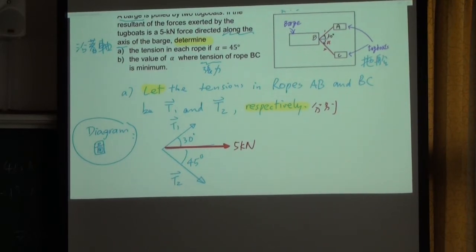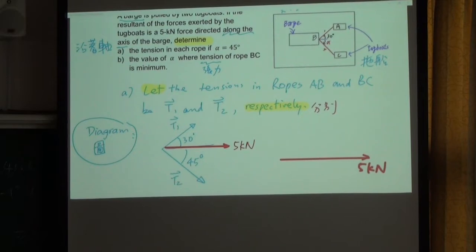But we don't know how large T1 is, and we don't know how large T2 is either. So how can we draw the diagram? We know the resultant is 5 kilonewton, so we have 5 kilonewton here.